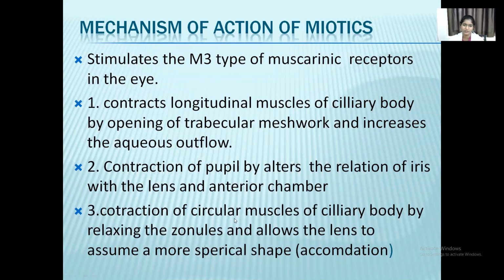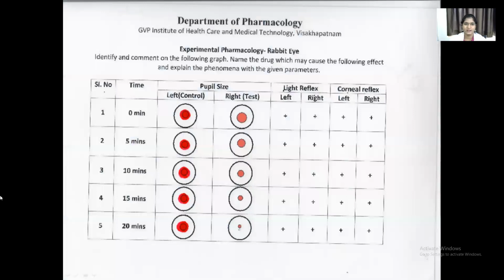These anticholinergic drugs also act on the ciliary muscle. It produces accommodation. Okay. Then this is the graph which will be given in your exams. It would be given in your exams. This is the graph.